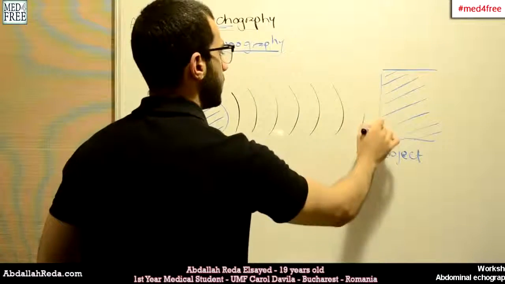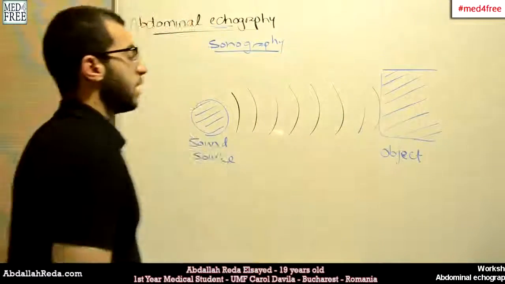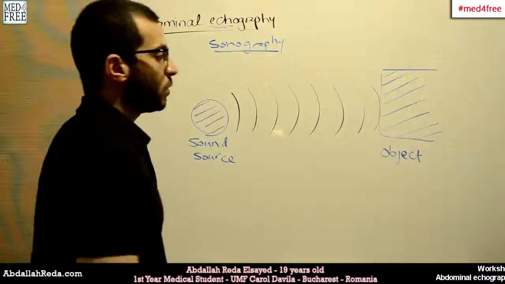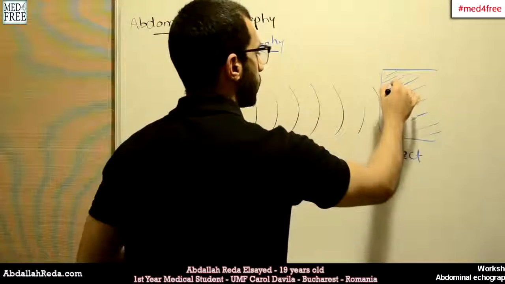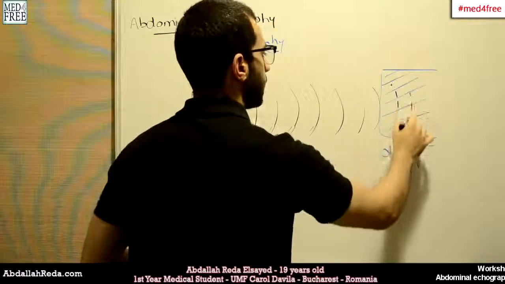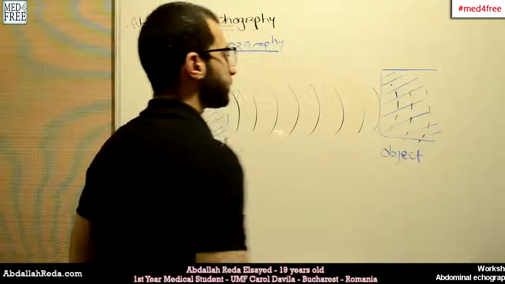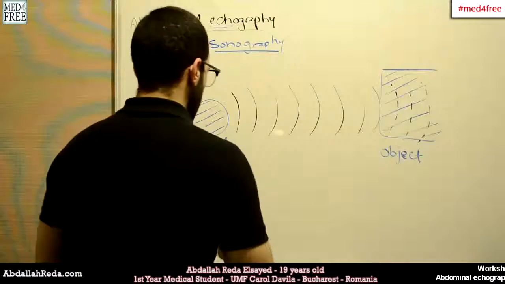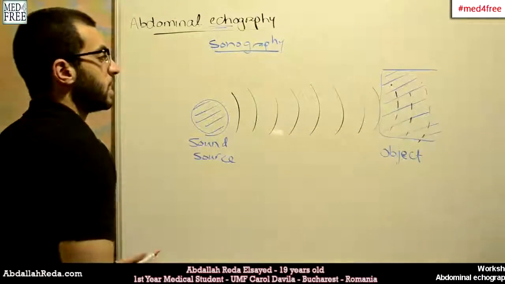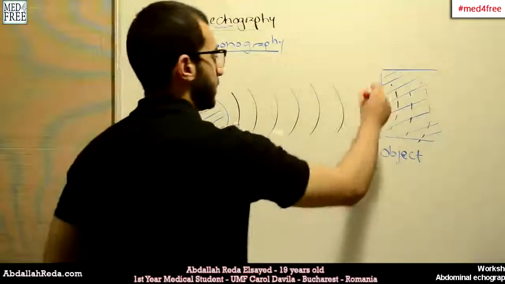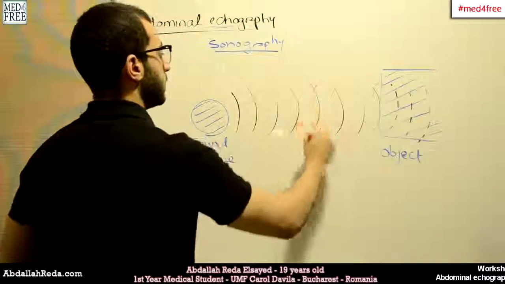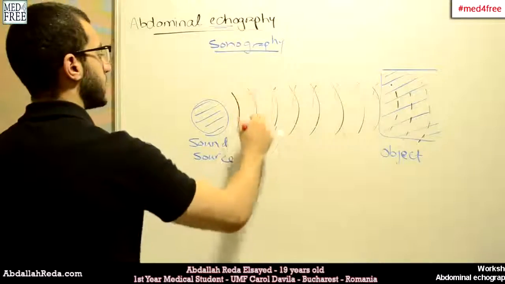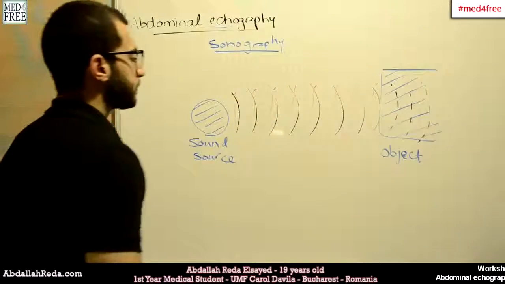And then they will hit the object. And then we will have two types of sound waves. Sound waves that will go through the object and propagate through the object, and another type of sound waves that will be reflected, like this, until they reach the sound source once again.